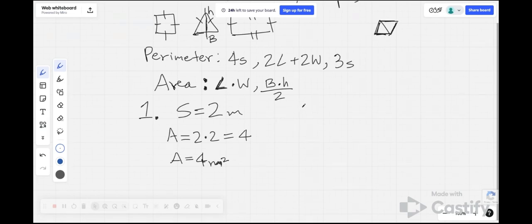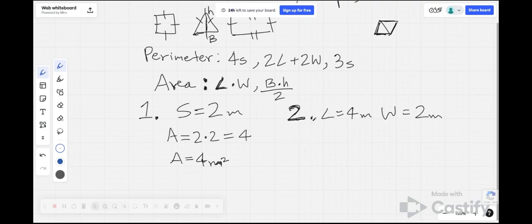Now, for a rectangle, since they have two sets of two sides, with each set having sides with the same length, for this problem we'd have a length of 4 meters and then a width of 2 meters.